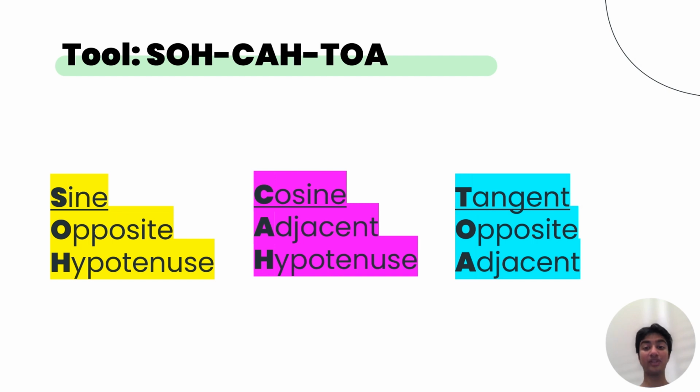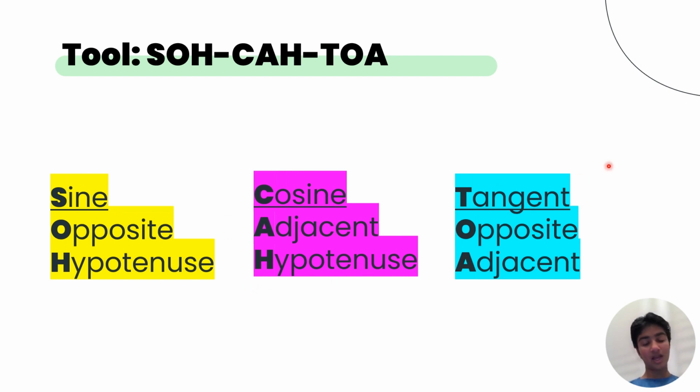Okay, so this is a really, really easy way to remember the ratios. I still use this right now, and I'm in calculus. So this is the go-to way for me to remember it. SOH CAH TOA. SOH is sine equals opposite over hypotenuse. CAH is cosine equals adjacent over hypotenuse.